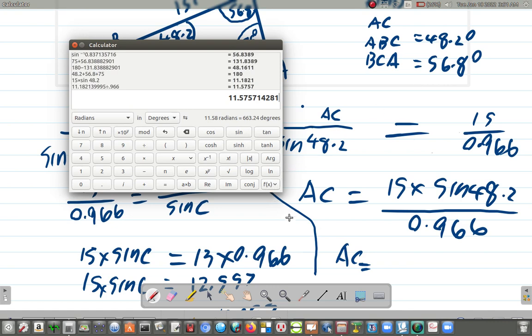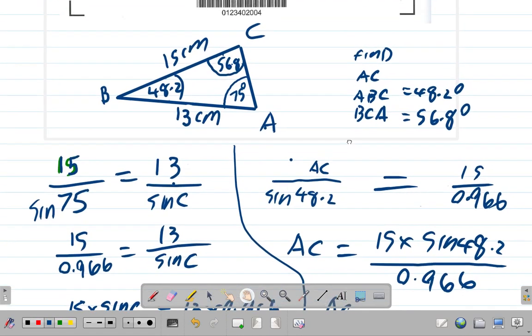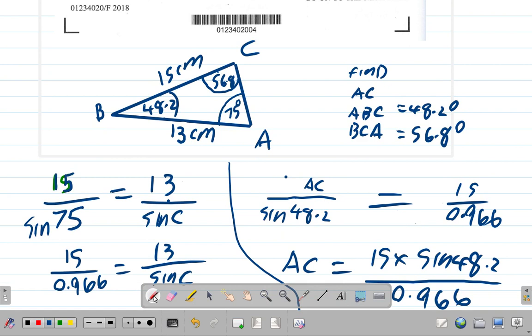Let's call it 11.6. So the length of AC is 11.6 centimeters. We could review this step by step. You could start it off again, do it on your own, and see how it works out. So that's one example using the sine rule. That's it for now.